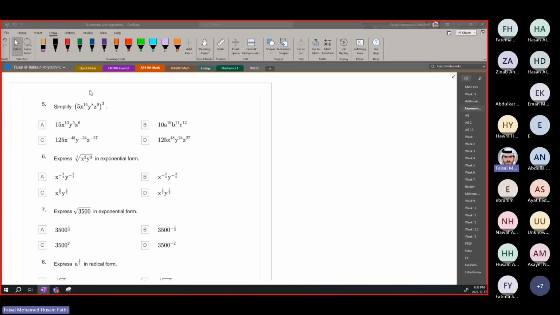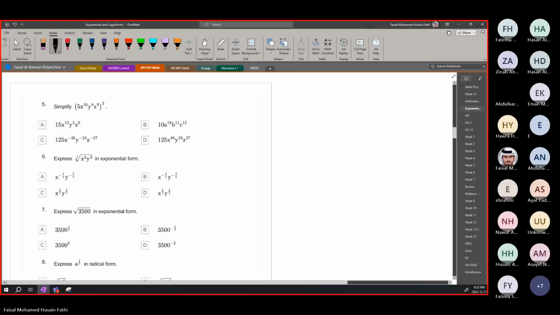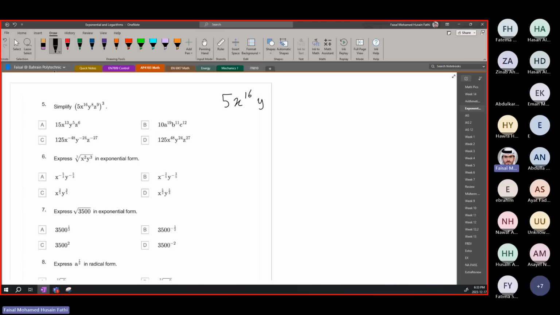Okay. So question 5 says simplify (5x^16 y^8 z^9)^3. We already did something very similar earlier. All we have to do is distribute the power 3 into the 5, the x to the power 16, the y to the power 8, and the z to the power 9.